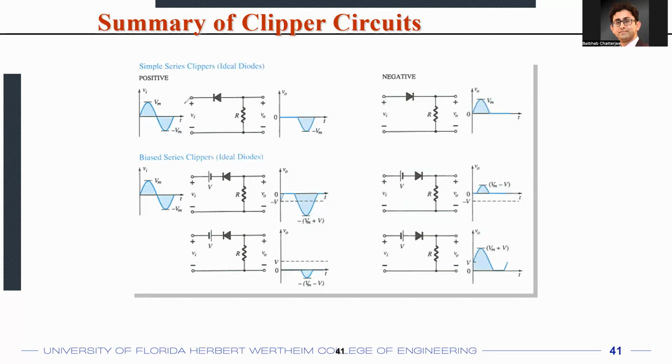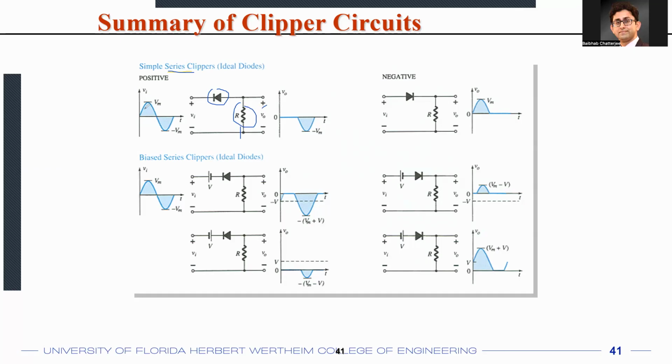So, for example, we looked into multiple different scenarios of clipper circuits in the last lecture. So this was a series clipper, and series clipper means that the diode itself comes in the series path, and then there is a shunt path which goes to ground or to the negative terminal. And you are looking at the voltage across that shunt resistor.